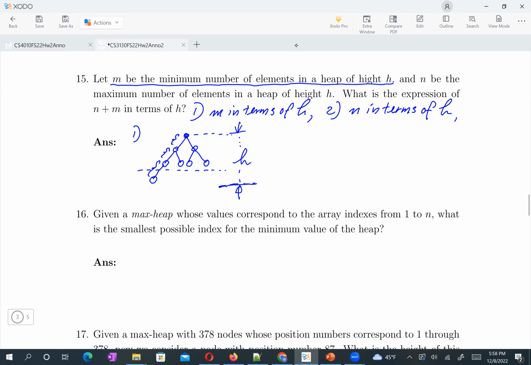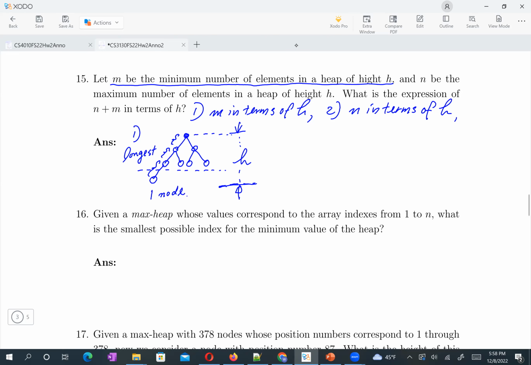That's the height definition. So longest, do not get that part wrong.